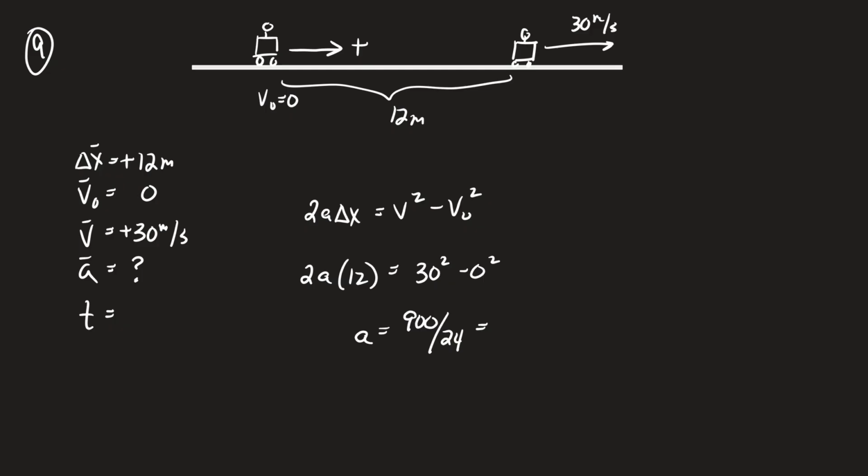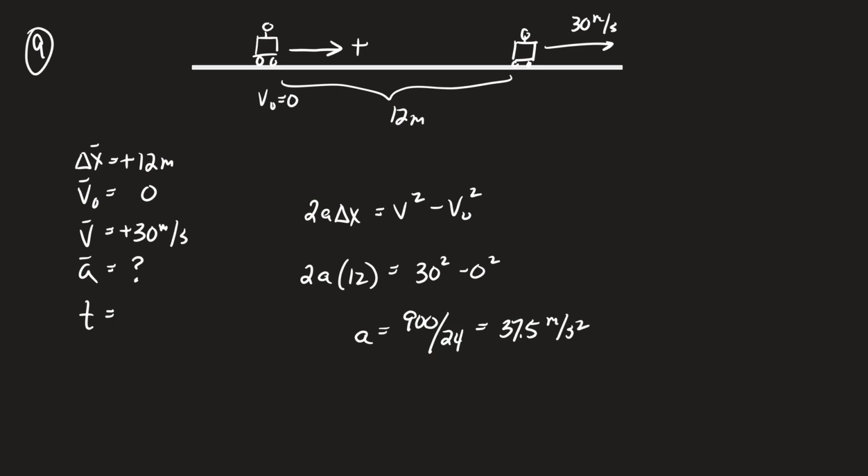I don't know what that is. You can probably figure it out, if you care about the answer. I'm indifferent, but I think we have to compare it to something else in a minute, so we should probably get there. Yeah? What is it? 37.5. Thank you. That would be meters per second squared.